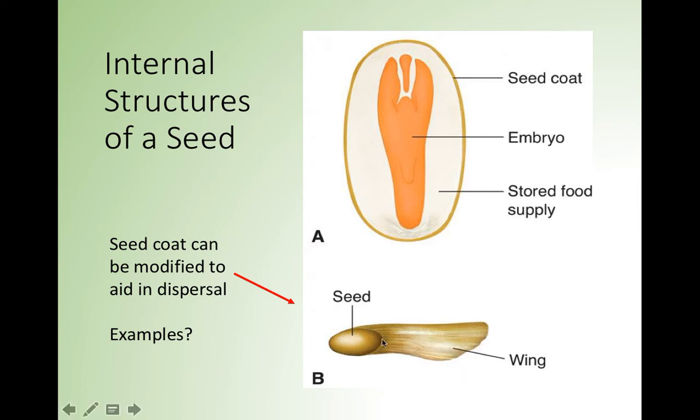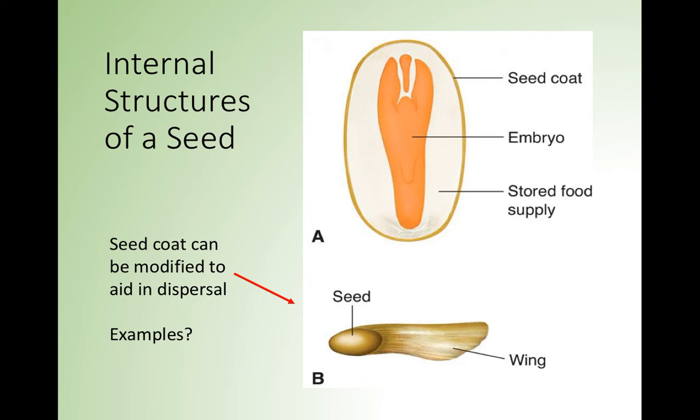So some examples would be seed coats having things like wings so that the wind can carry them off. Sometimes you have seed coats that are textured, like burrs, with hooks and stuff like that, that can hook onto animal coats as they pass by and get carried off.